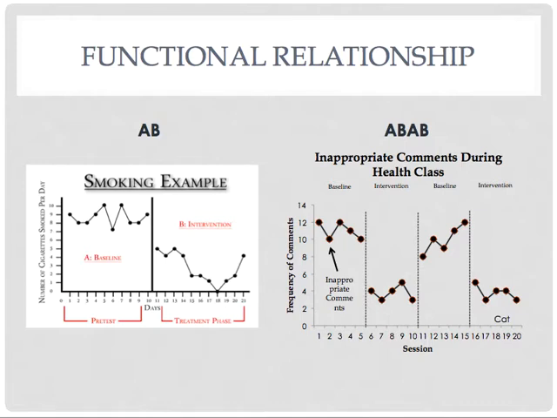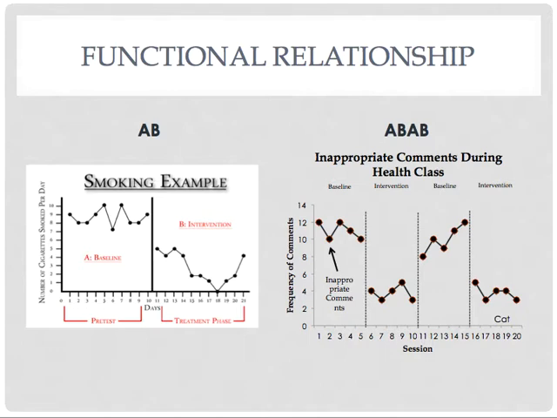Now, just like the AB design, you can see that the number of comments did in fact decrease when the participant received the intervention, when the participant received the treatment. But can I truly say that there is a functional relationship? Can I truly say that the decrease in comments was caused by my treatment and nothing else?